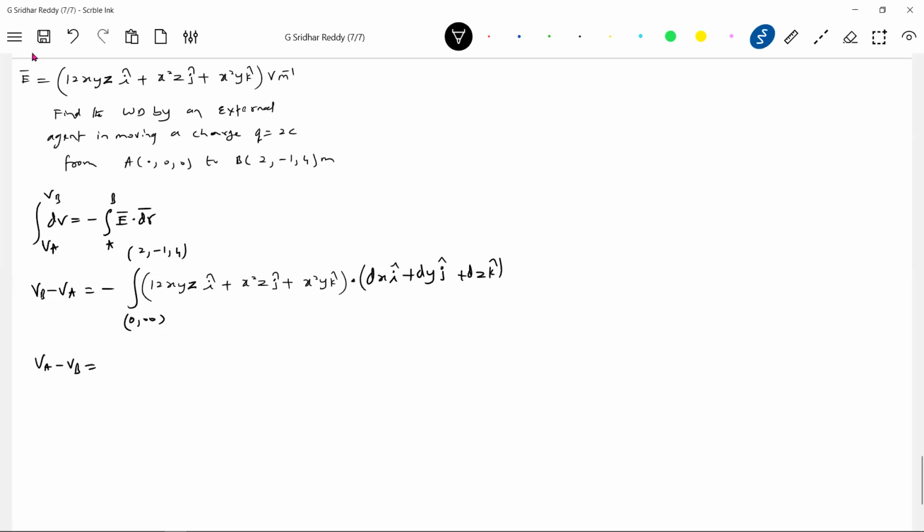So this will be integral of 12xyz dx, x square z dy, x square y dz. This will be 0, 0, 0, 2, -1, 4.